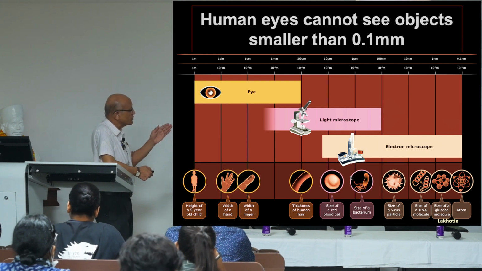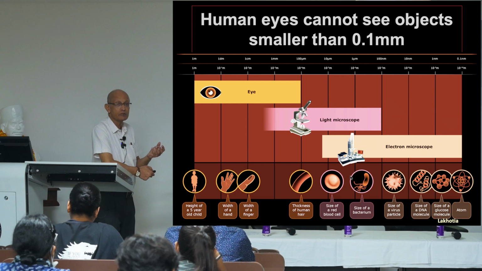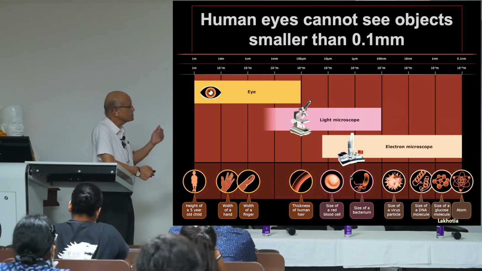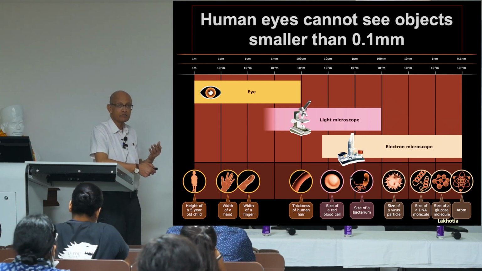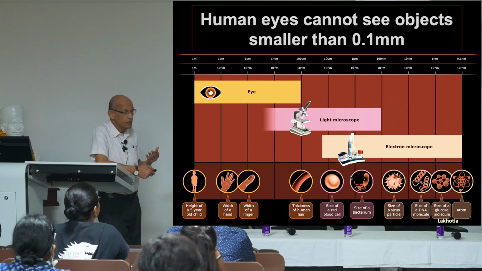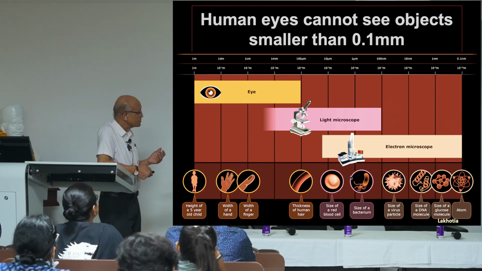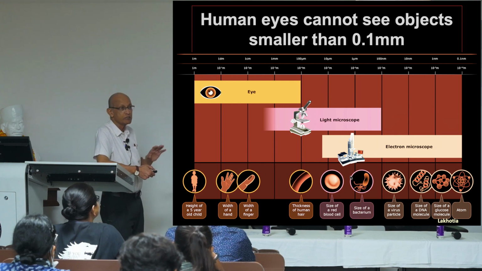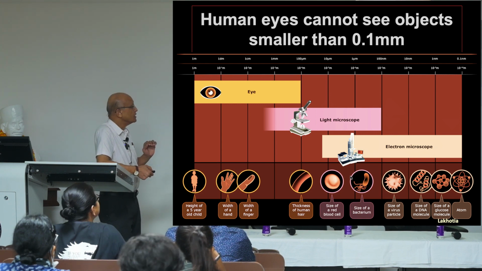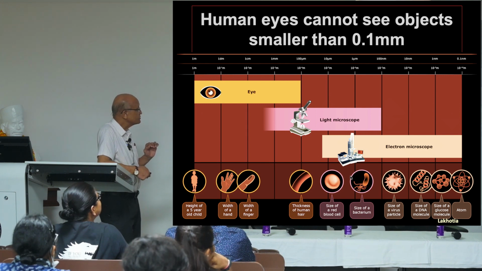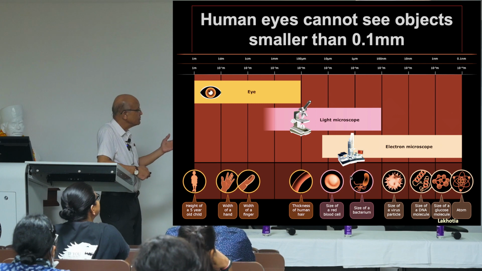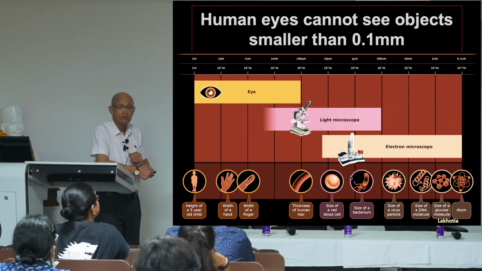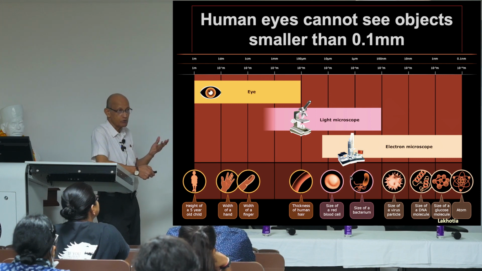Objects smaller than that, we need to see with a light microscope. Objects which are still smaller need other kinds of microscope, for example electron microscopy, which in theory can even look at individual atoms, although that has not so far been achieved. So basically we are talking about the range between about 1 millimeter and 0.2 micron. That's the range that we use the light microscope for.